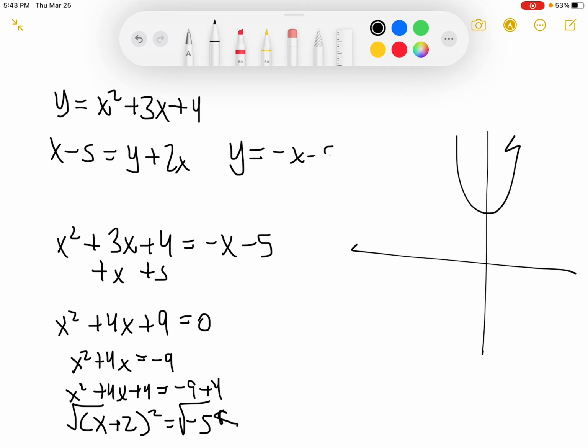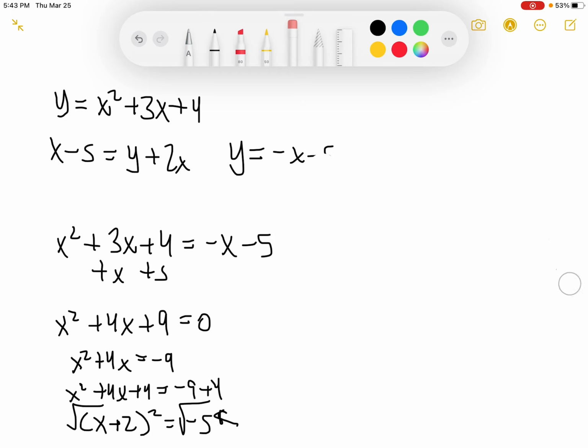So that means it could be something like this, where they don't connect. But let's just pretend like this happened to be a negative 9, even though it wasn't. So you would see what it's like if there actually was a point of intersection. So that would change this to where it is square root of 13.